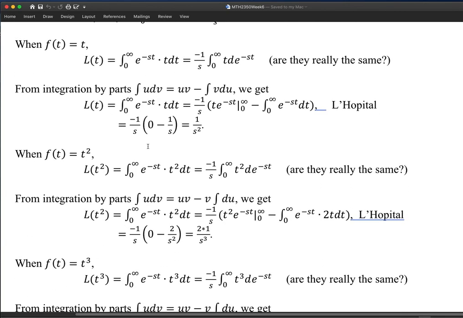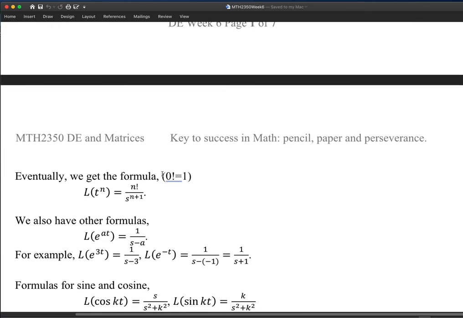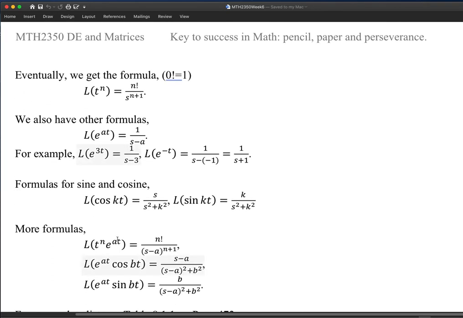But to find the transform, you do not need to worry too much about improper integrals. You should know those formulas very well, especially the last three. So this is the first part of the Laplace transform. Thank you for watching.